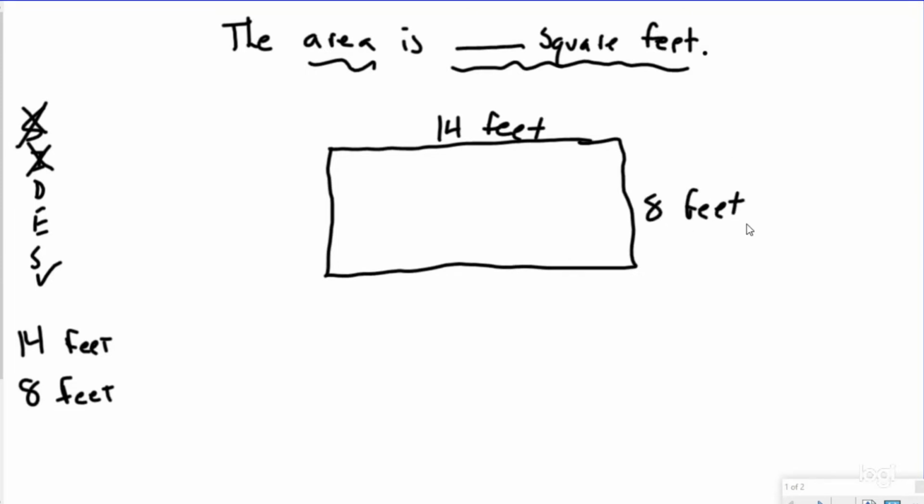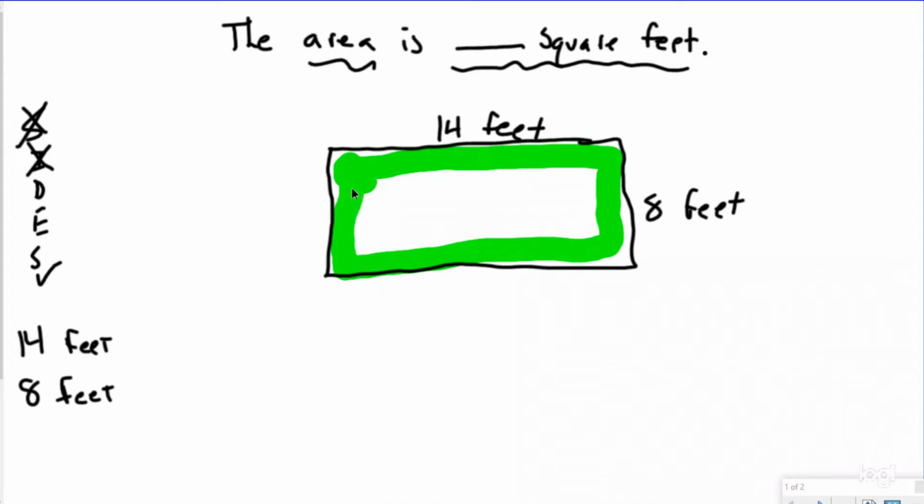Now, when we're talking about finding the area, we're trying to find the space inside of this two-dimensional shape, right? We're trying to cover. Area is the grass that covers. So we're trying to cover the inside of this shape, and we're basically trying to figure out how much space is inside of my rectangle? And to do that, we're going to use the length and the width.